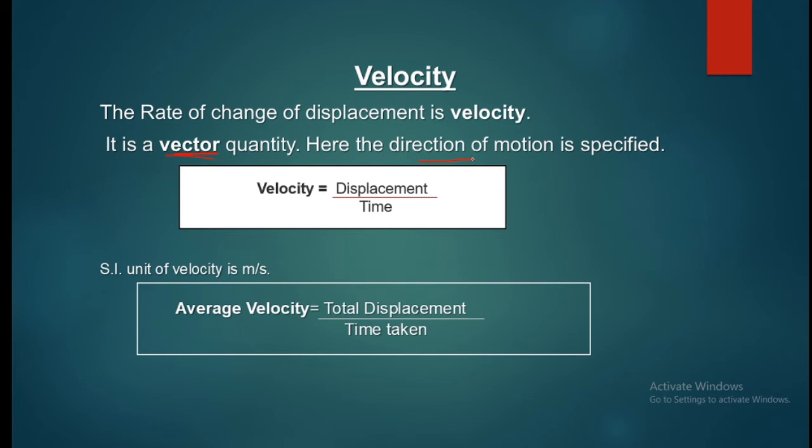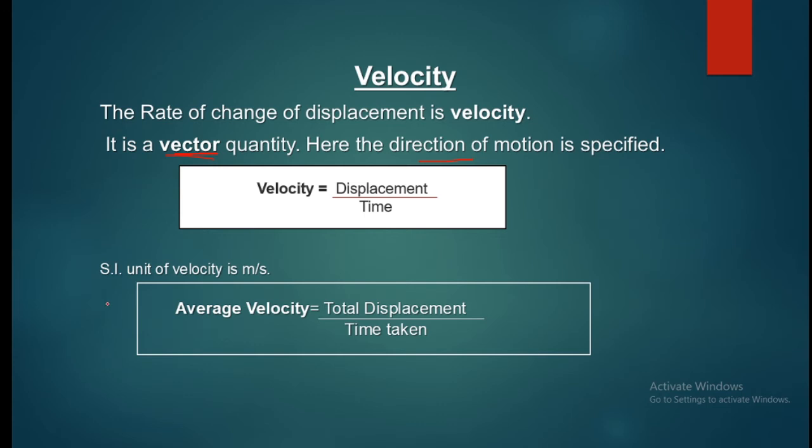So here I specified my magnitude as well as direction. So I can say what I've said about velocity. If I'm only saying that I'm going 60 kilometers per hour, I have not specified direction, then I'm only considering the speed. So this is the main difference between speed and velocity.